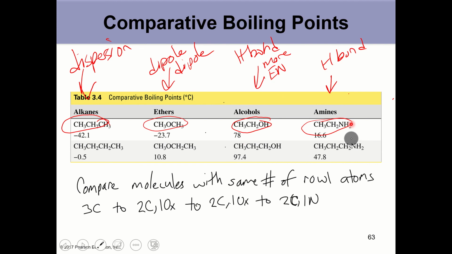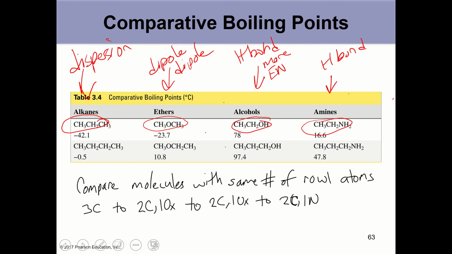Amines also have the ability to hydrogen bond, and so we expect the boiling point to be higher than the ether or the alkane. But if you notice, the boiling point of the amine is less than the boiling point of the alcohol, and that is because the dipole between carbon and nitrogen and hydrogen is less than the dipole of carbon to oxygen or oxygen to hydrogen.